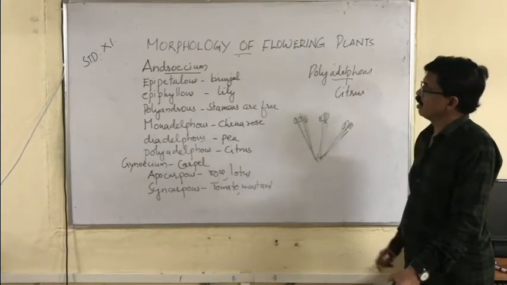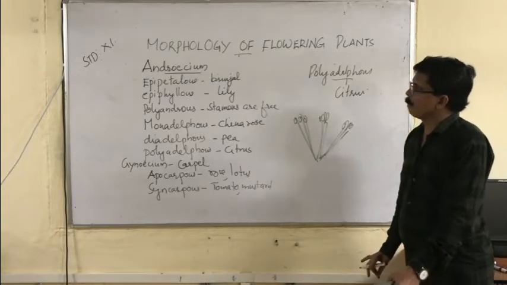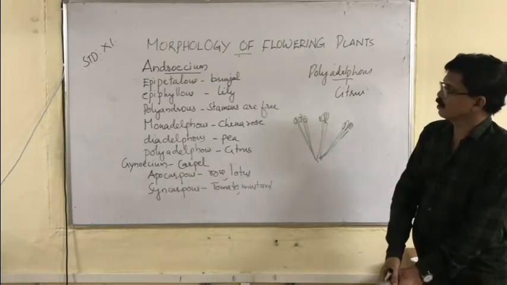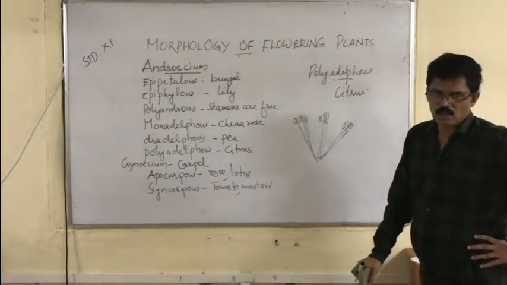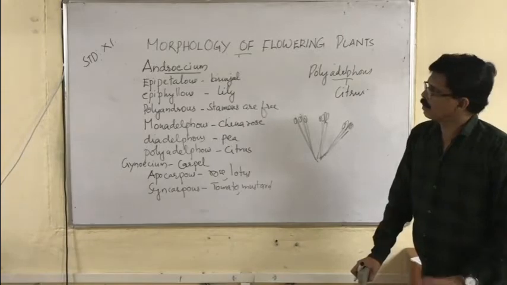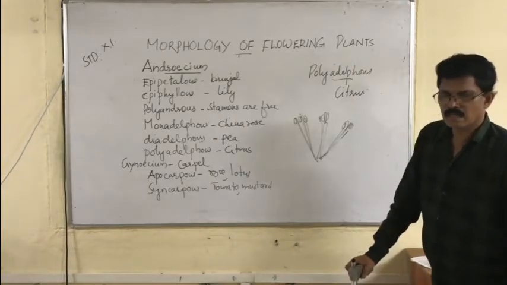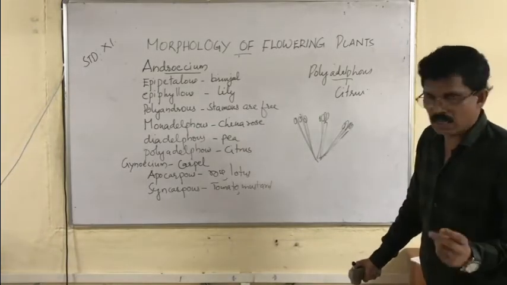So what are the arrangements of stamens? Epipetalous stamens are the stamens firmly attached to the petals, example brinjal. Usually stamens are attached to the petals, so we say epipetalous; no term episepalous comes.